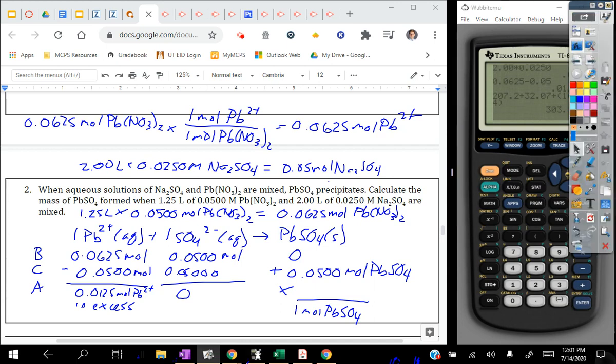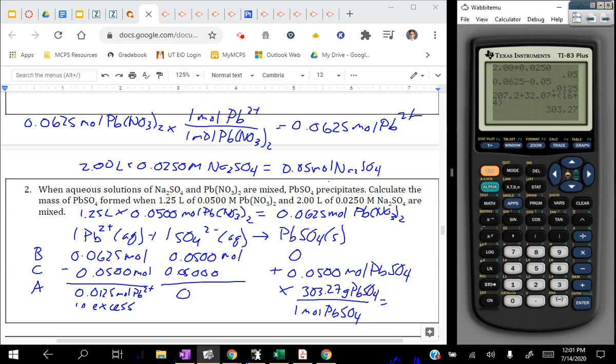The mass is 303.27 grams of lead sulfate per mole. And then we're going to multiply that by our moles of 0.05.